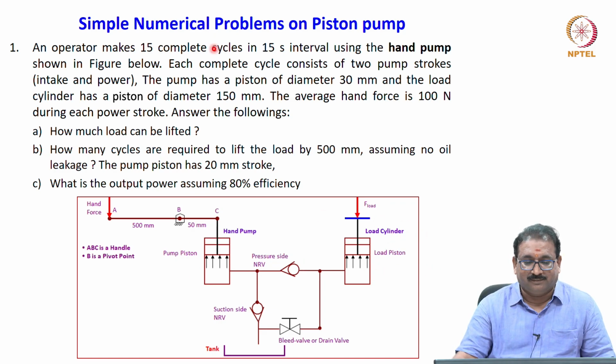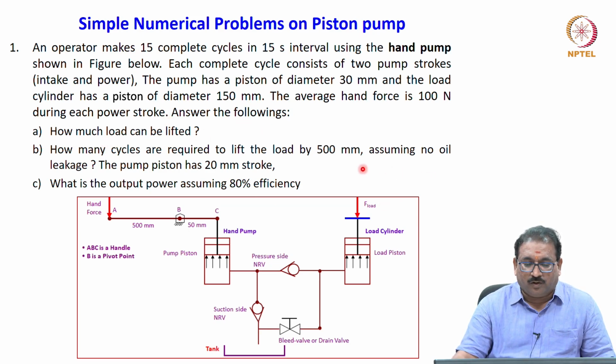Each cycle consists of 2 pump strokes, intake and power stroke, meaning outlet. The pump has a piston diameter of 30 mm and the load cylinder has a diameter of 150 mm. The average hand force, only hand force, is 100 Newton during each power stroke. Answer the following.